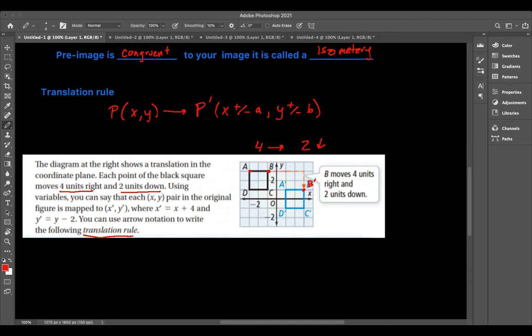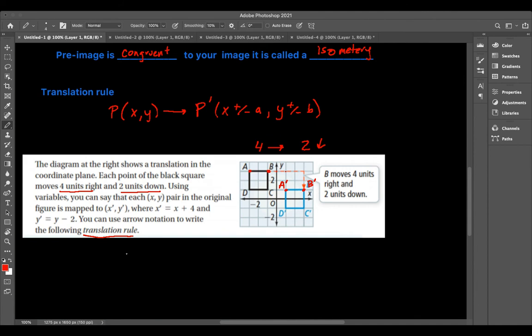Same thing with A: 4 units to the right, 2 units down. That would be A prime. Same thing for D and C. They're all doing the same thing, because remember we said they're both congruent images, so the shape is not going to change, just where they're located. Okay, and that's it. So let's write the rules so we can actually show you what that means.